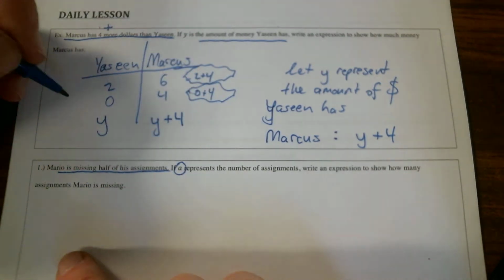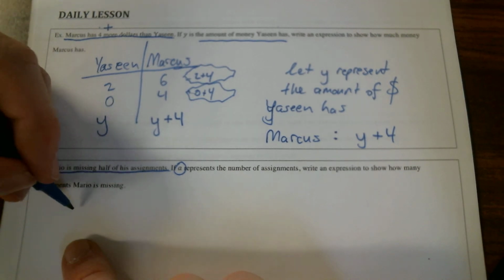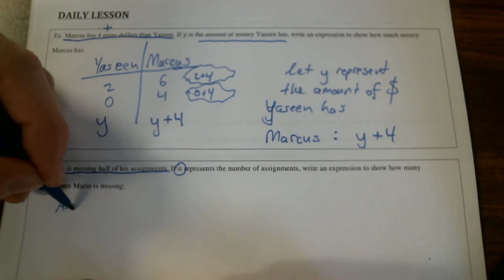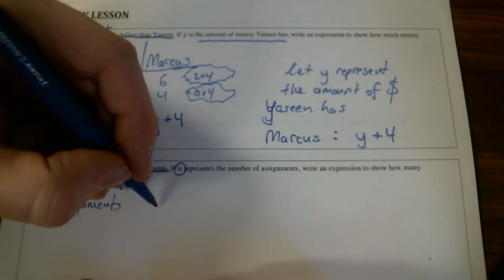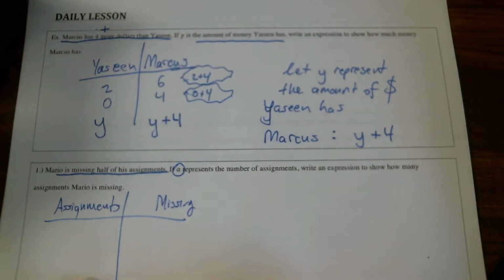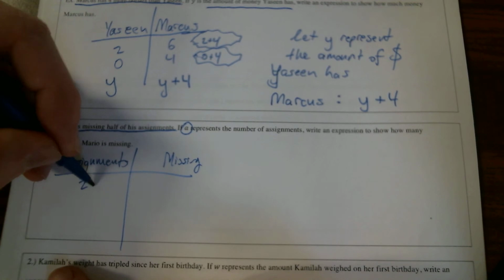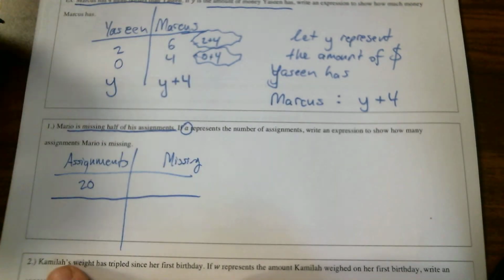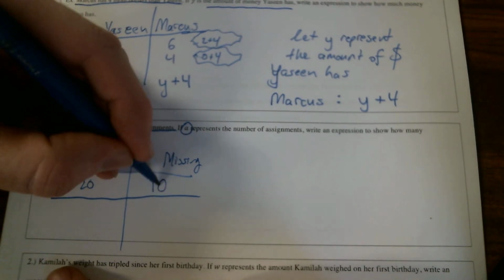A represents the number of assignments, and I could say the ones that are missing. Let's just pick a few numbers and try it. Let's say he has 20 assignments. If half of them are missing, that means 10 are missing.